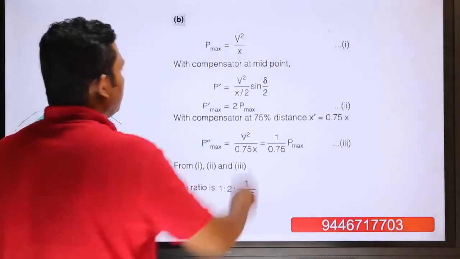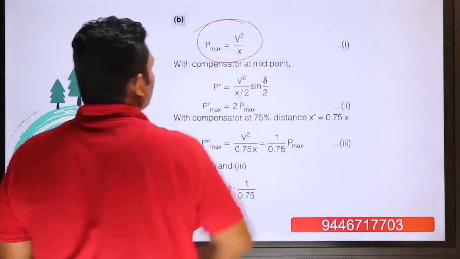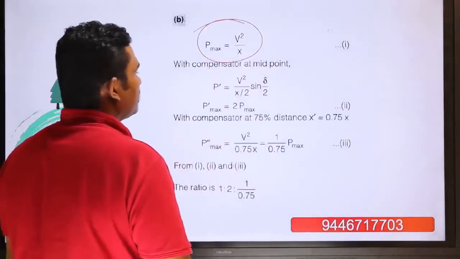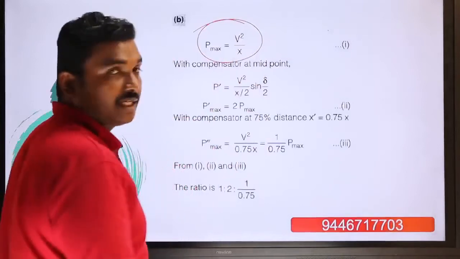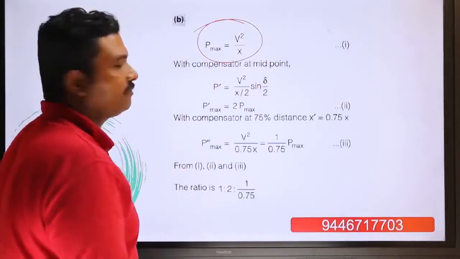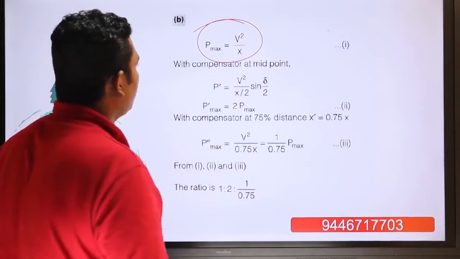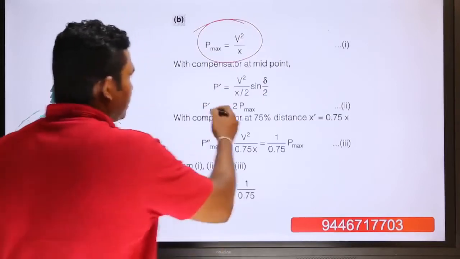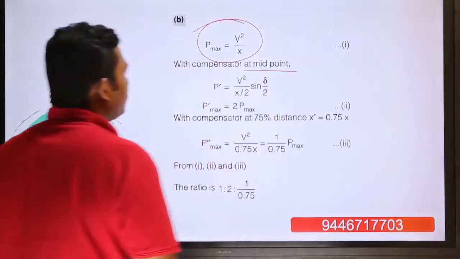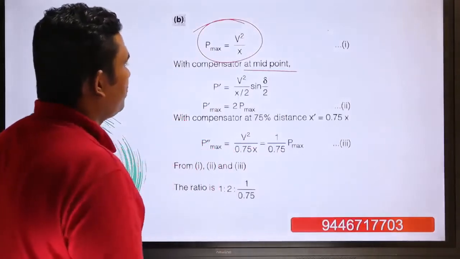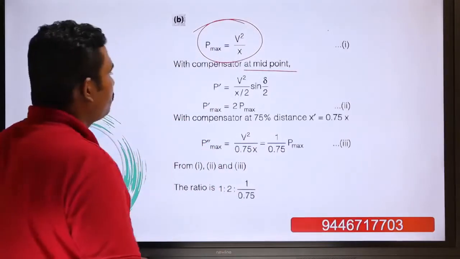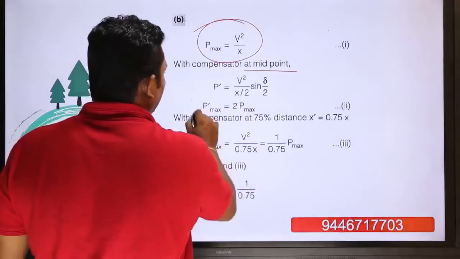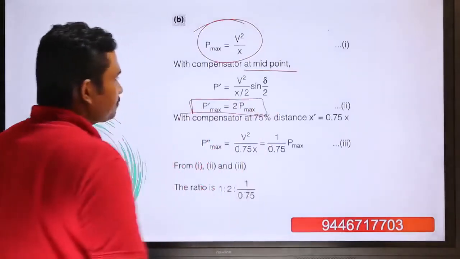So what is our Pmax? Pmax is always equal to V square by X, or it is equal to mod E mod V divided by X. Here E is equal to V, so we can go for V square divided by X. When it is compensated at the midpoint, it becomes P dash equal to V square divided by X by 2 sin delta by 2. So P dash max becomes equal to 2 times Pmax.